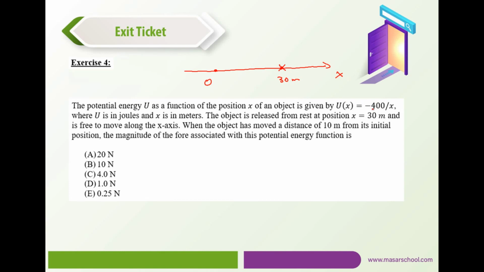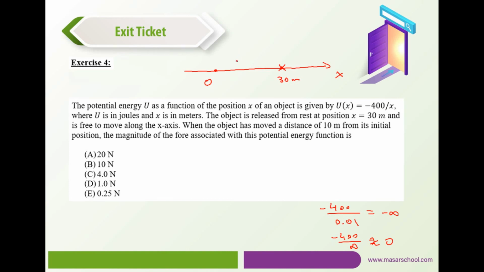Now the potential energy is given as a function of x. You can consider two limits in which x is very small, like minus 400 divided by 0.01. That would give us, for example, minus infinity. And if you consider x to be very large, like infinity, minus 400 divided by infinity, that would be almost 0.